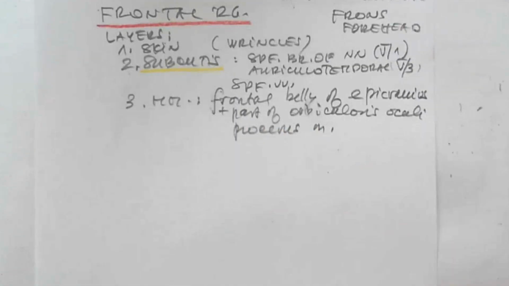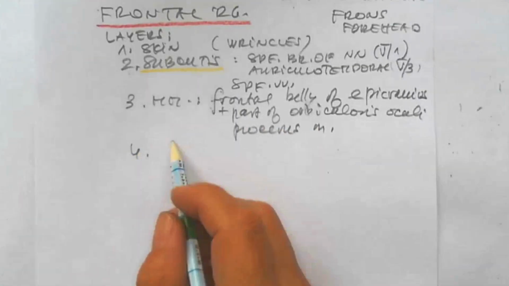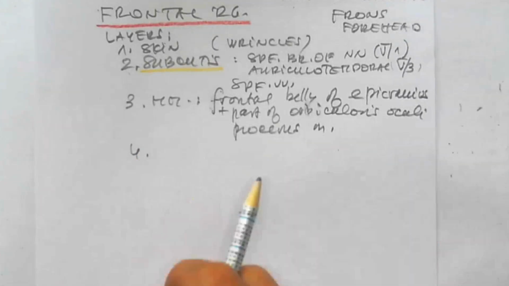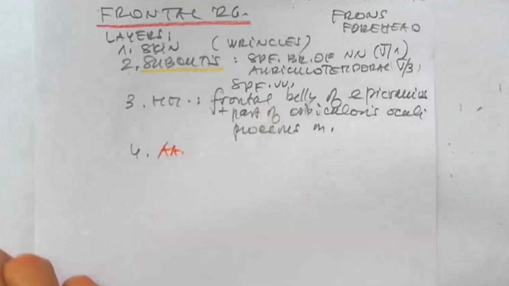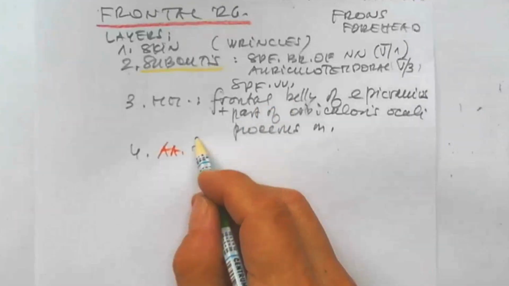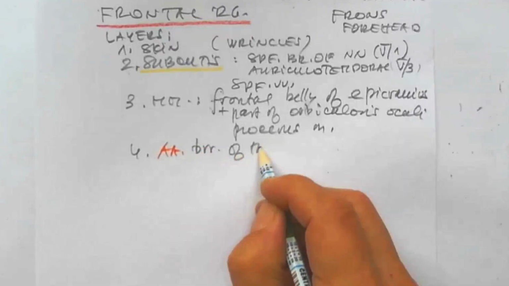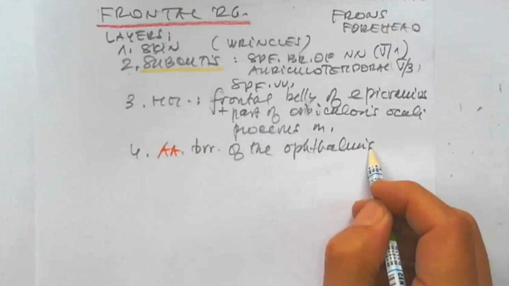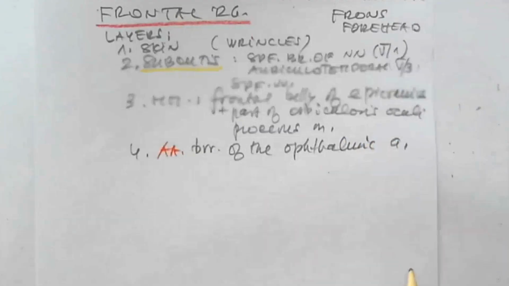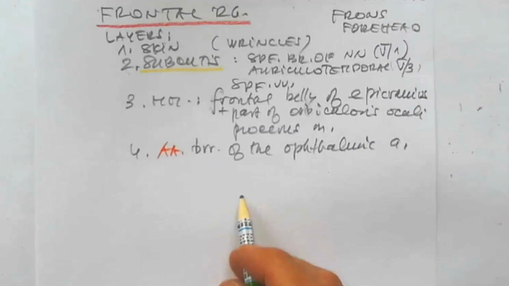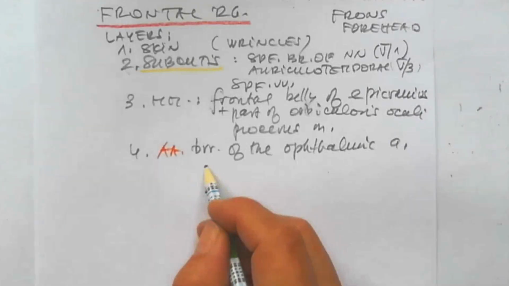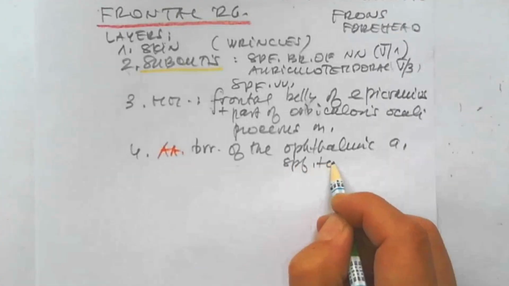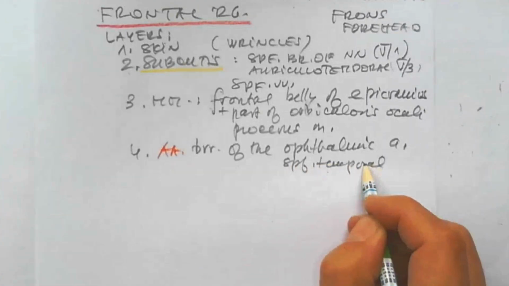That's it. Then follows the layer, because within the layer of the muscles are found the arteries. So we have to mention the arteries, as we have seen in the first diagram. They are branches of the ophthalmic artery, because the ophthalmic artery is the branch of the internal carotid, we said, and also the branches of the superficial temporal artery.